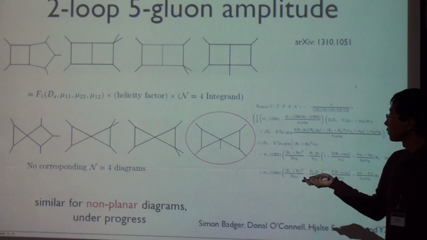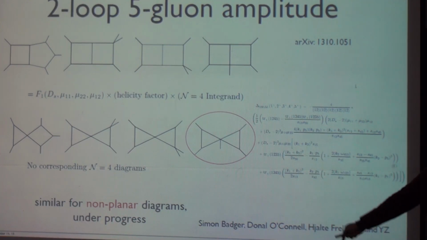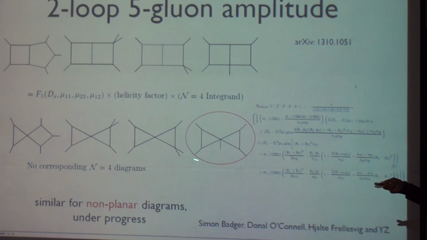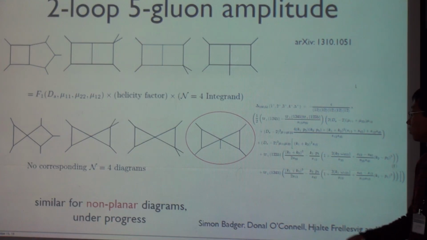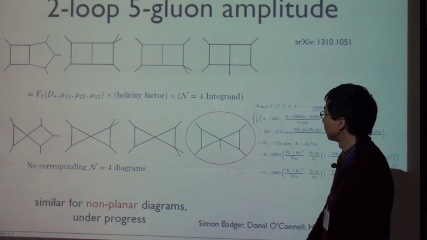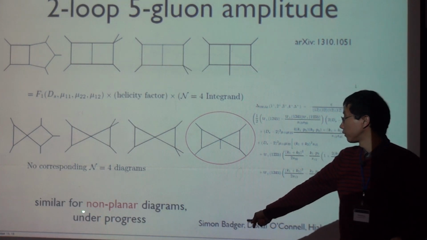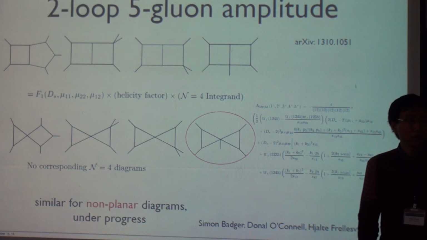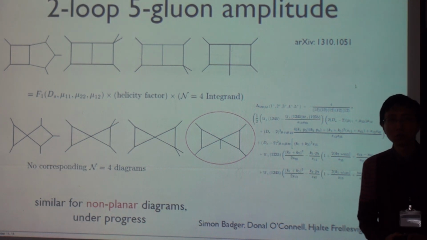But there are also some diagrams where there are no corresponding N=4 diagrams, so the results for these diagrams are quite complicated. But anyway, we just use the unitarity method. Just from the products of tree amplitudes, we can reconstruct all these results. A similar process should work for the nonplanar diagrams, and is in progress by our group.